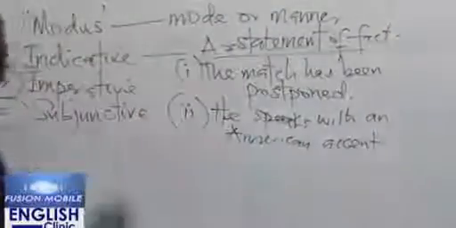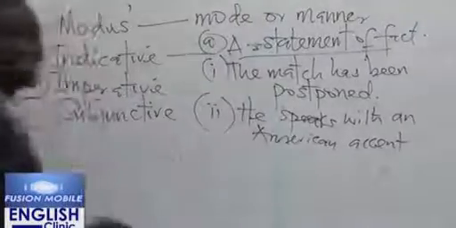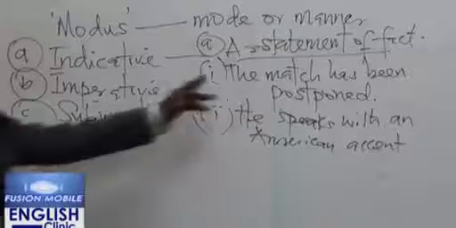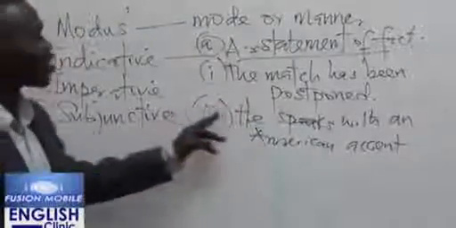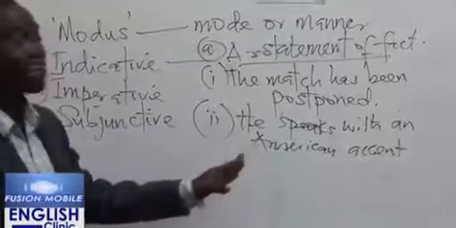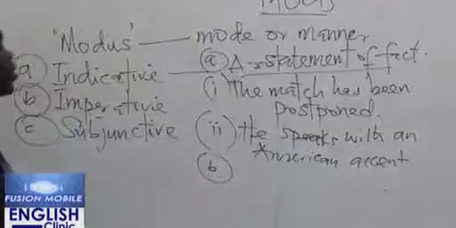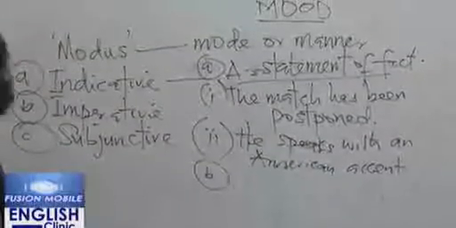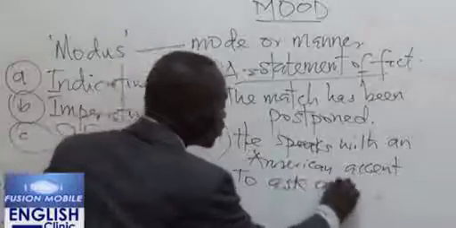Remember I said that the indicative mood is used, number one, to express a statement of fact. An example is, the match has been postponed, while the second one is, he speaks with an American accent. Number two, the indicative mood is used to ask a question.